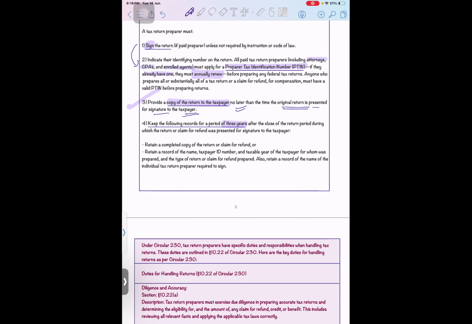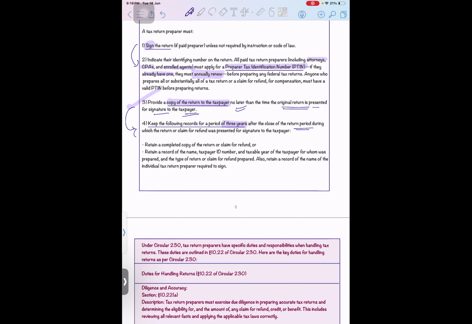When our signature is taken, it is taken on two copies, right? One copy, when he signs and the preparer signs, the taxpayer keeps with himself, and the other copy we are going to retain in our records for 3 years, after the close of the return period.